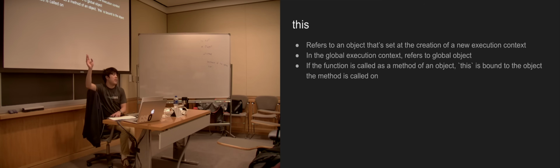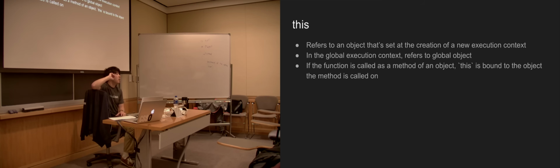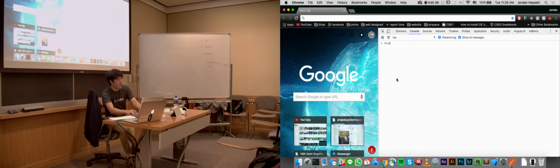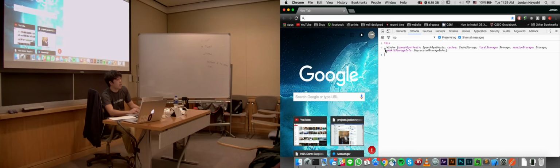And this references the object that it was invoked on. In the global execution context, the global object is the object that every single thing is invoked on, so this references that global object. If we type this, we get that window object. And we can say, does this equal window? True, because they are the same thing.